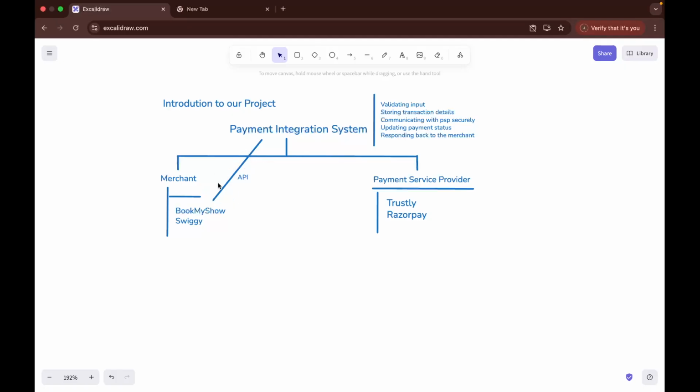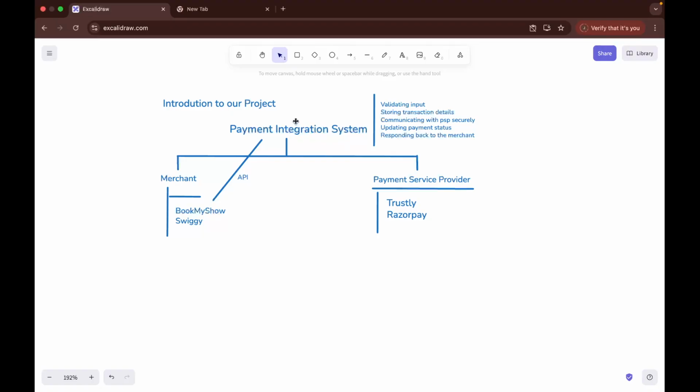If the parameters are correct and the signature matches, the request goes to the processing service, which maps the request, stores the data in the database, and prepares another API call.